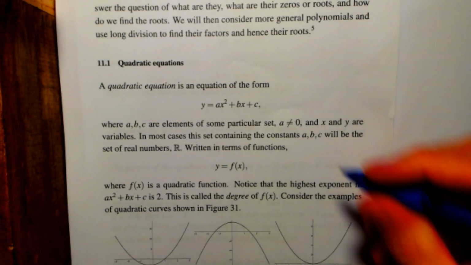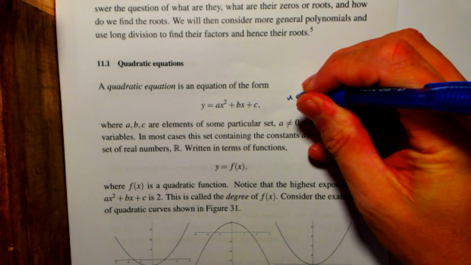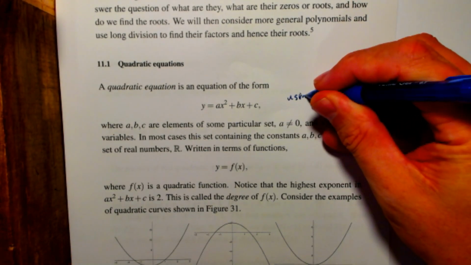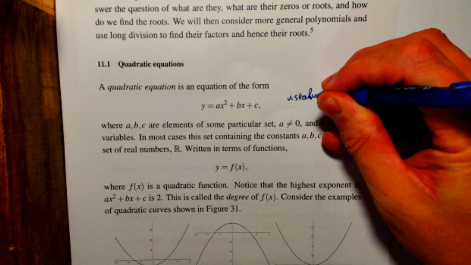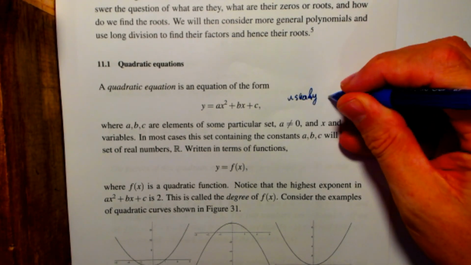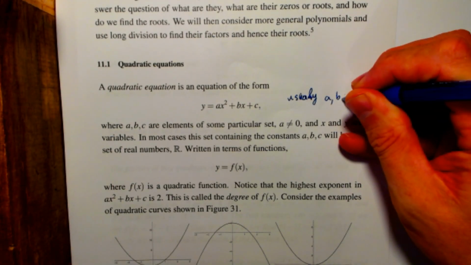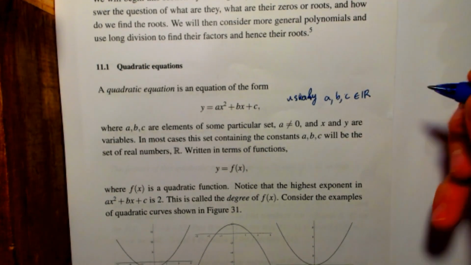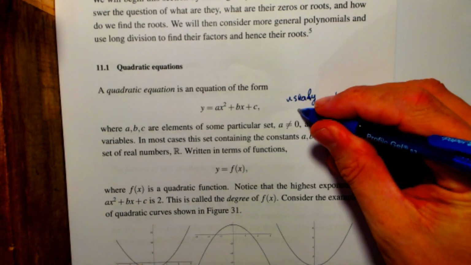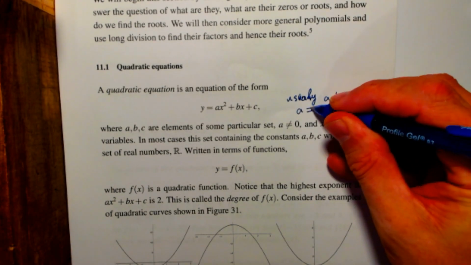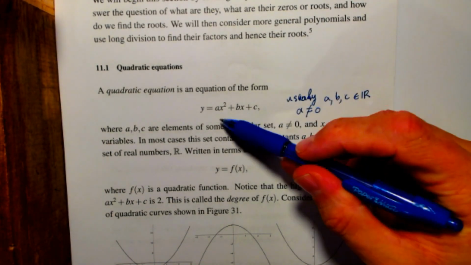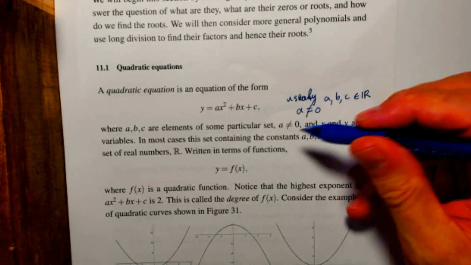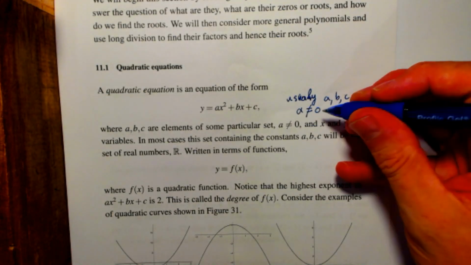However, at least for this course, a, b, and c are real numbers. And we need a to not be equal to 0, because if it were 0, then we would just have a line. Alright? So a is non-zero.